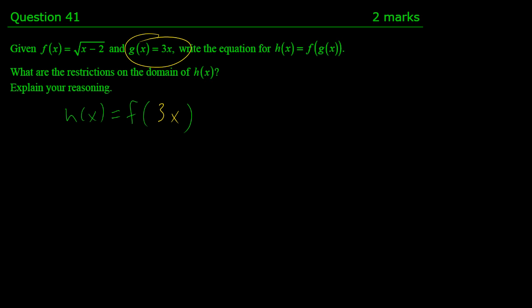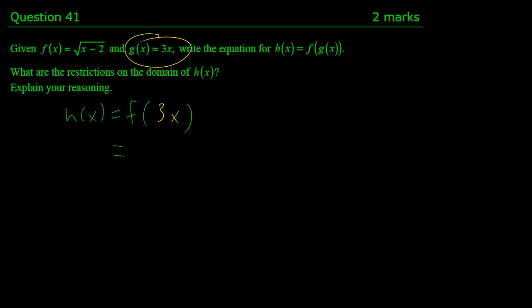The next part to this is we're going to take our f function and substitute in 3x wherever we see x. So just to make sure you understand, if f of x equals the square root of x minus 2, f of a would equal the square root of a minus 2.